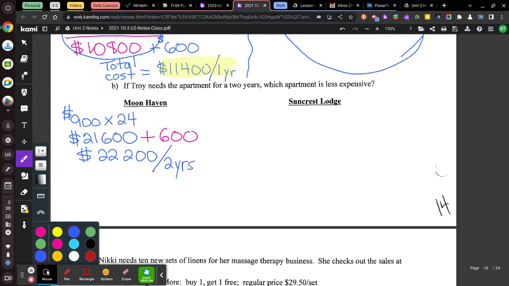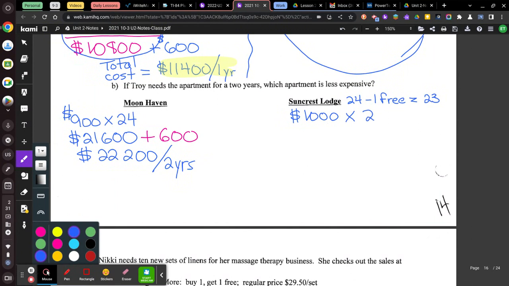Over at Suncrest, if you get 1 free month, how many months out of 24 do you have to pay for? 23. Perfect. So we're going to say 24 minus 1 free equals 23 months. So we're taking 1,000 times 23.